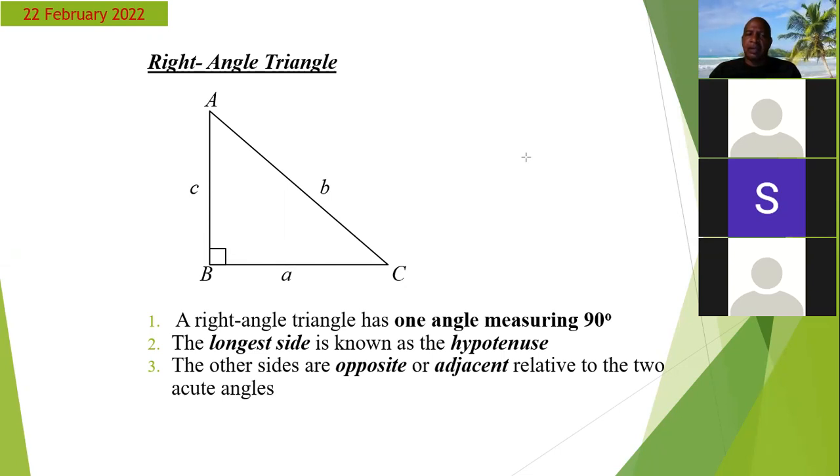All right, so we cannot say that A is opposite to the angle C. Anybody can give me a reason why we cannot say A is opposite to the angle C? Can we say A is opposite to the angle C?